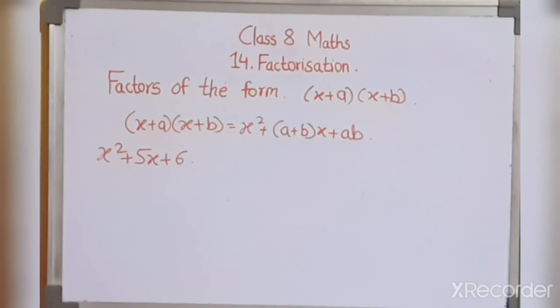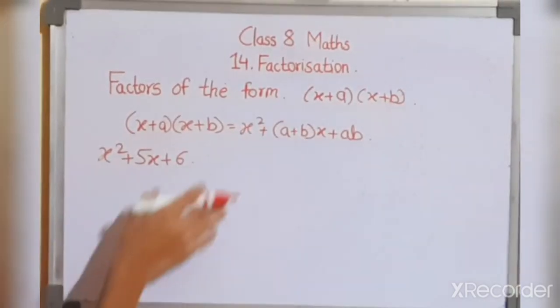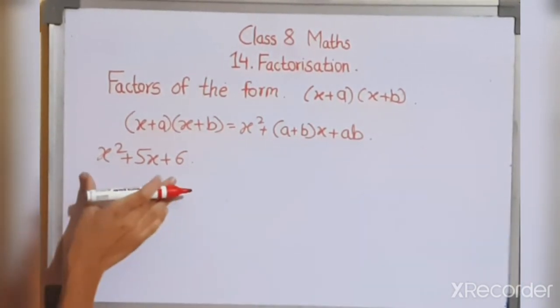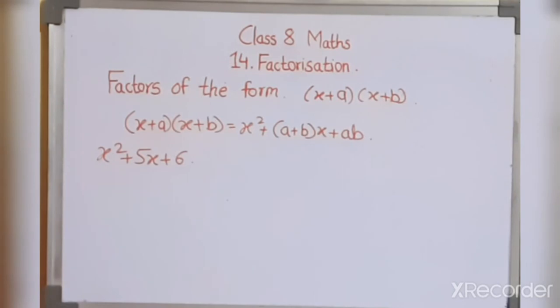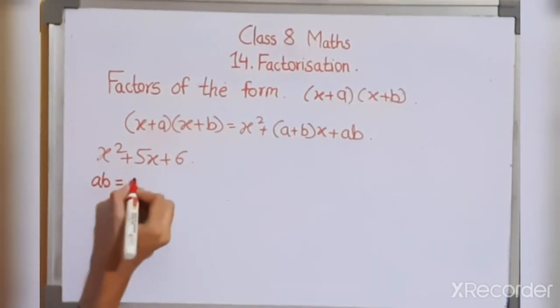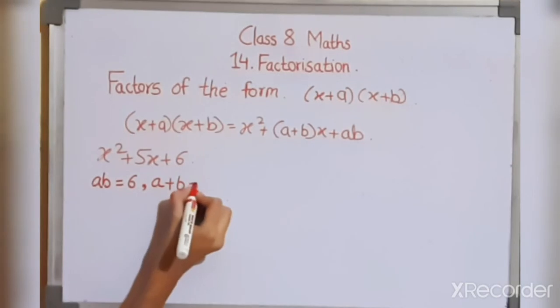If we compare the right hand side of identity 4 with this expression, we find that they are similar, and we find that ab is equal to 6 and a plus b is equal to 5.